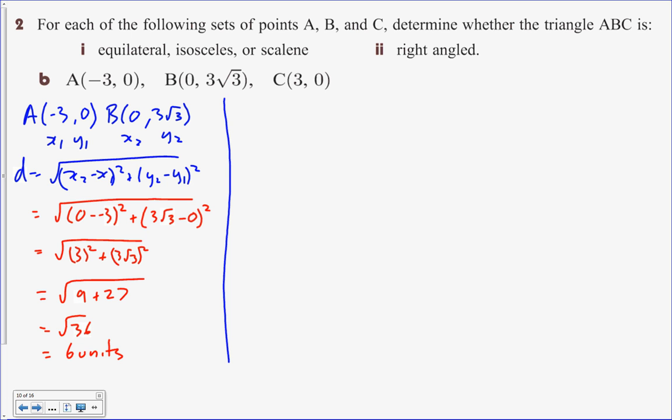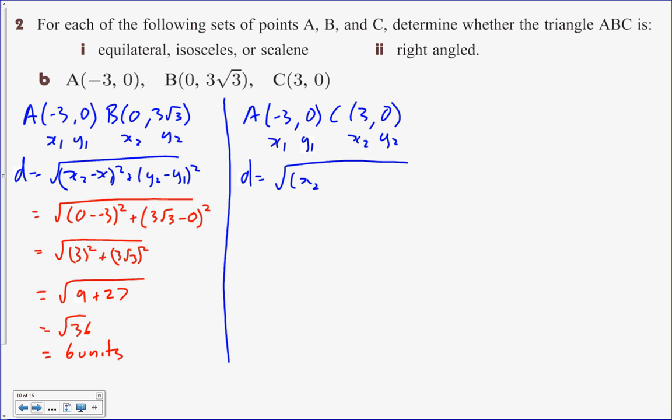Next, we're going to do AC. So A is -3, 0. C is 3, 0. So we've got x1, y1, x2, y2. So D equals square root x2 take x1 squared plus y2 take y1 squared.